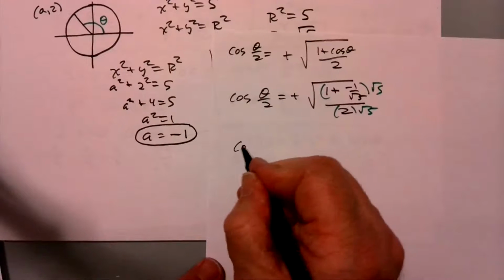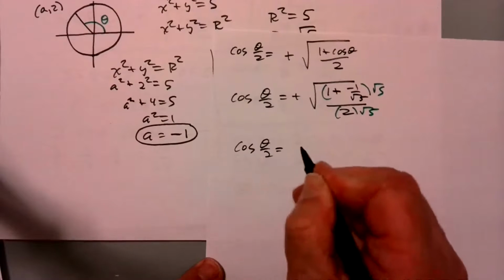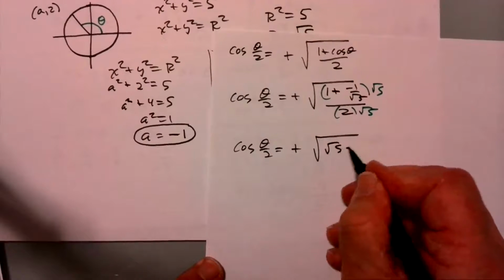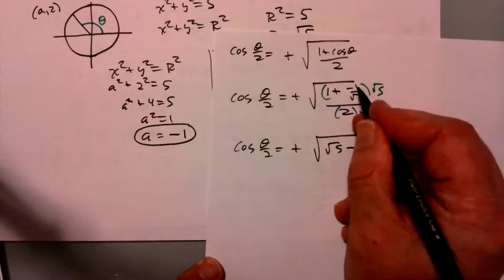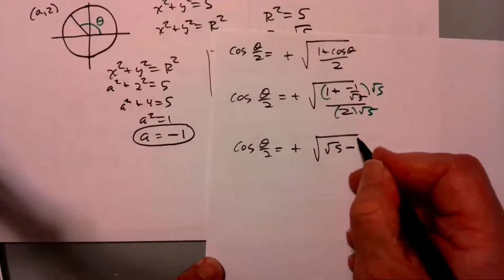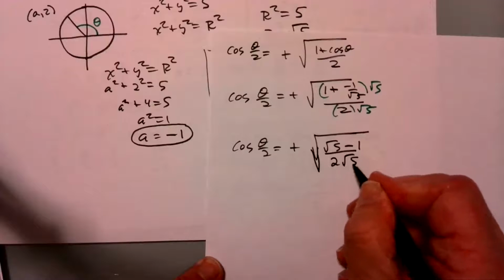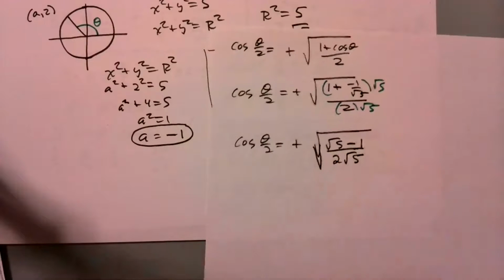And that will give me cosine of theta over 2 is plus the square root of root 5 times 1 is root 5 minus root 5 times 1 over root 5 is just 1, all over 2 root 5. And that's a pretty unpleasant looking little answer, but that's the best we're going to get there.